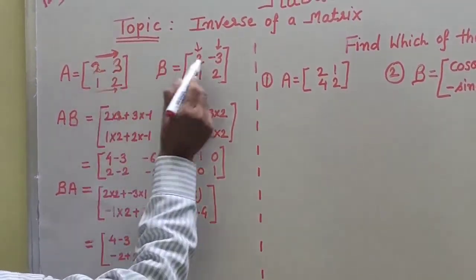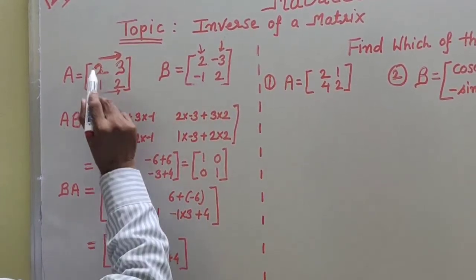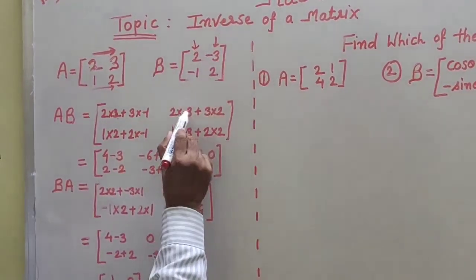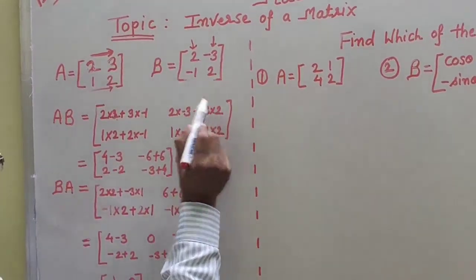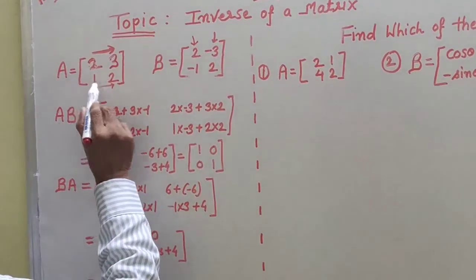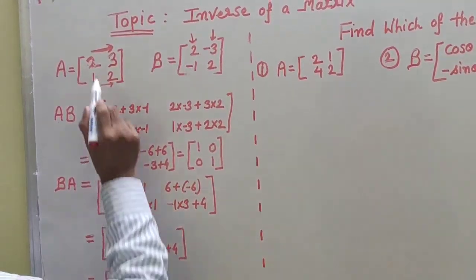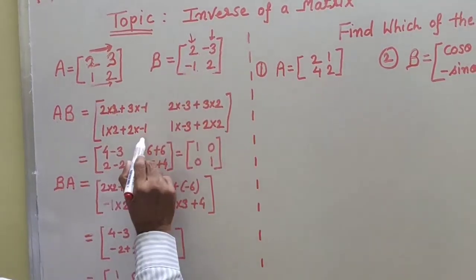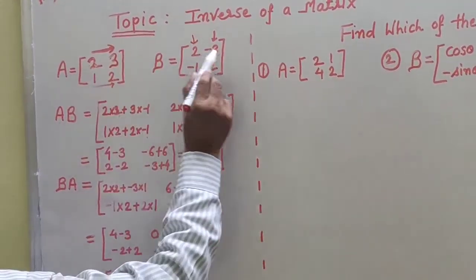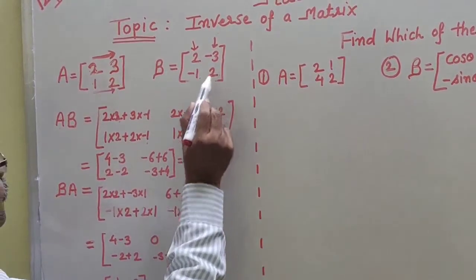So I will get 2 into 2, 3 into minus 1, then 2 into minus 3, 3 into 2. Row multiplied with column, then second row multiplied with first column: 1 into 2, 2 into minus 1. Now 1 into minus 3 will come here, plus 2 into 2 is 4.